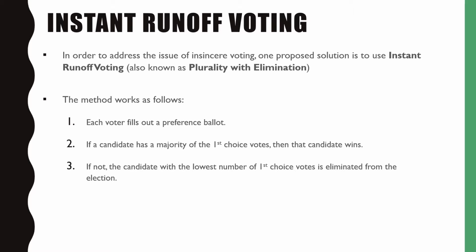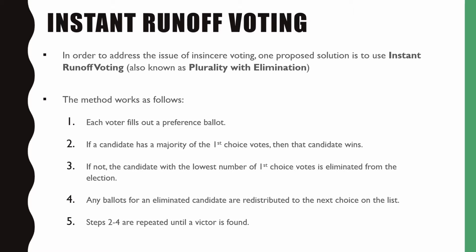Step three is, well, the person who has the lowest number of first choice votes, we eliminate them from the competition, and anybody who voted for an eliminated candidate as their first choice, well, we look to their second choice, and that's going to become their new first choice, so to speak. And, well, we keep doing this until we find a victor. And that's it. It's a little bit more complicated than plurality, but it's not that bad.